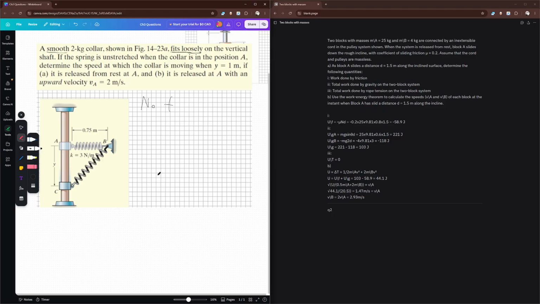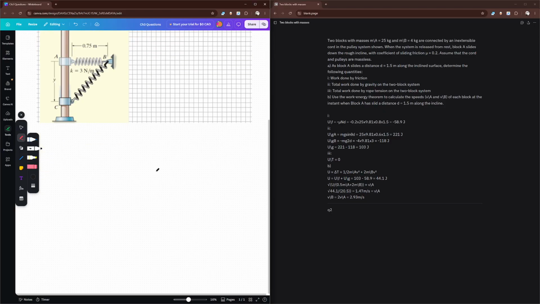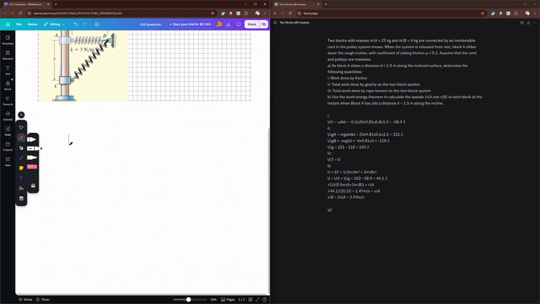So let us diagram this here. So it starts here like this. It has a spring, and here's our wall thingy, right? And then it goes down here, still has the spring. It travels a distance of 1 meter. So this is 1m.